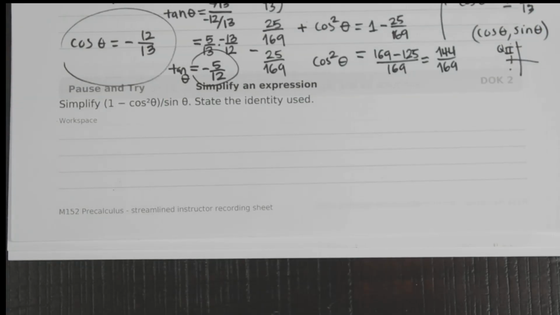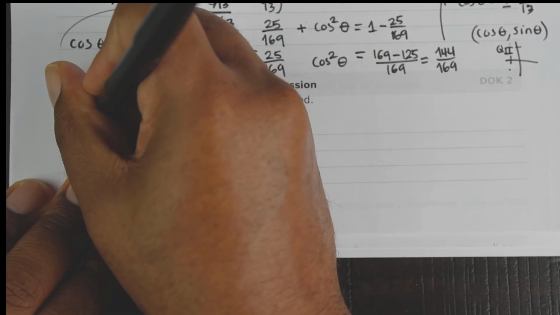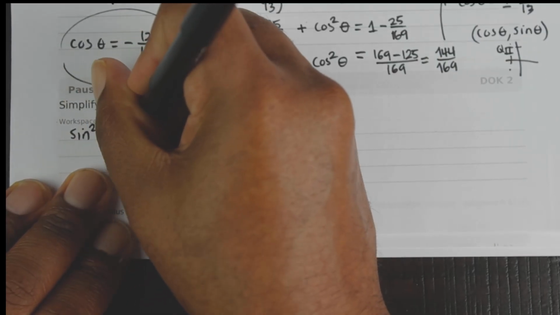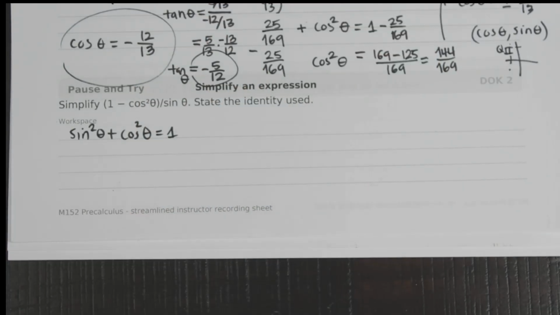So it says simplify 1 minus cosine squared theta divided by sine theta, and then state the identity used. So we want to start with that equation, and then we need to use the Pythagorean identity. Okay, so we have sine squared theta plus cosine squared theta equals 1.